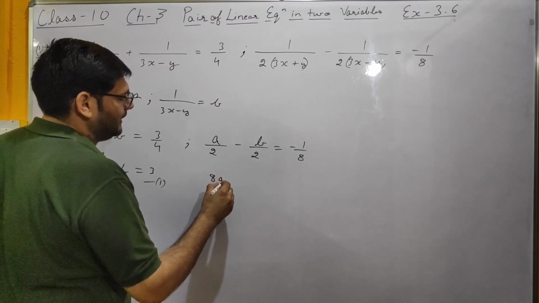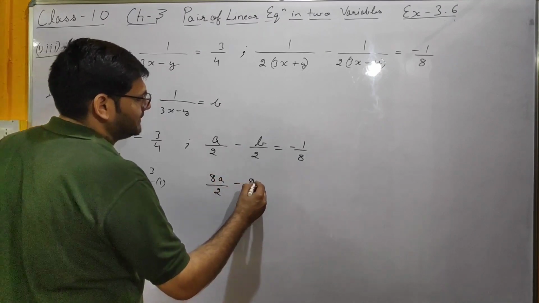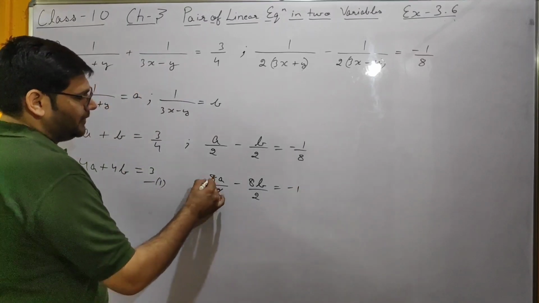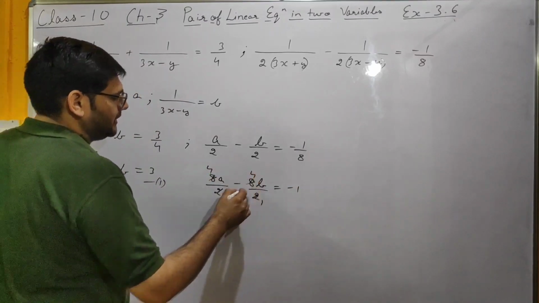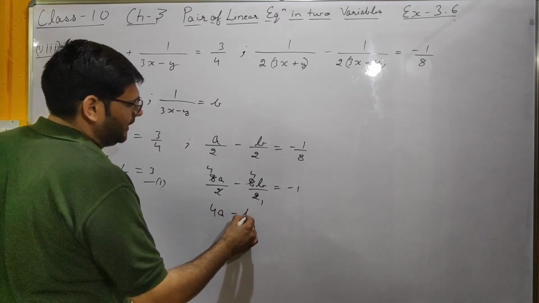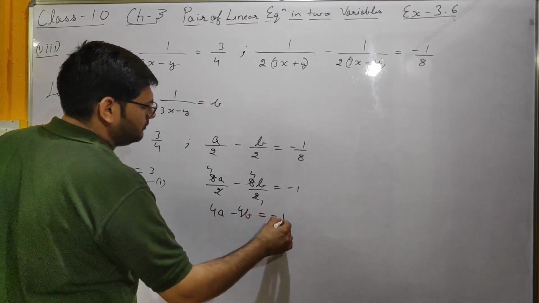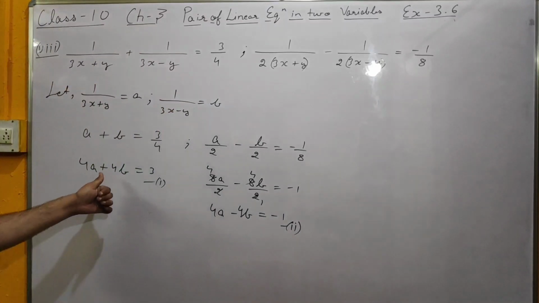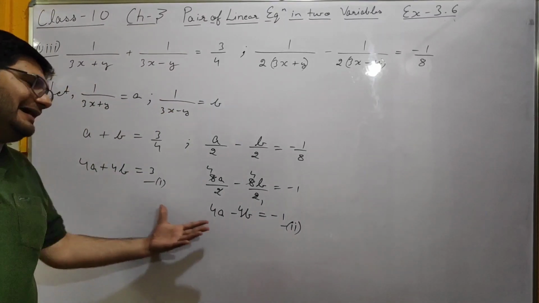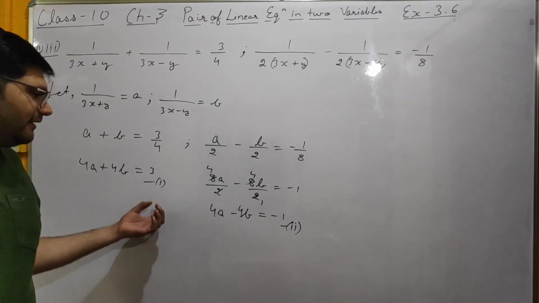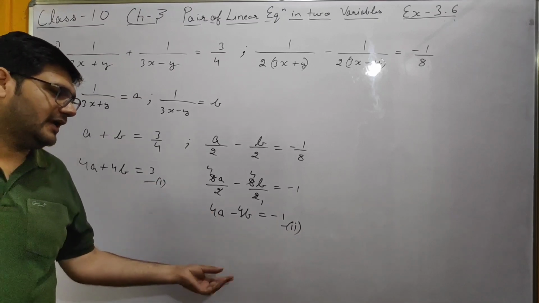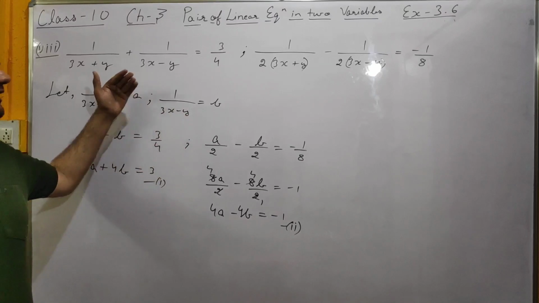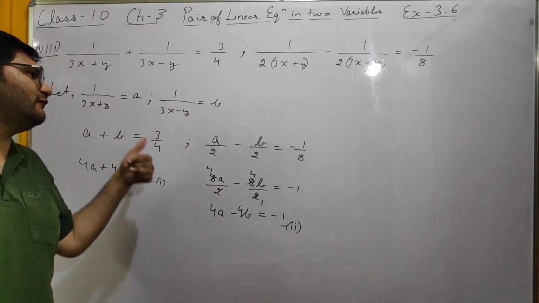So 8a by 2 minus 8b by 2 equals minus 1. 2 1s are 2, 4s are 8, 2 1s are 2, 4s are 8. So 4a minus 4b equals minus 1. This is equation number 2. See, 4b, 4b. Just add them. It's very easy. Find the value of a and find the value of b. After finding the value of a and b, put them back. Again, solve these equations and find the value of x and y.